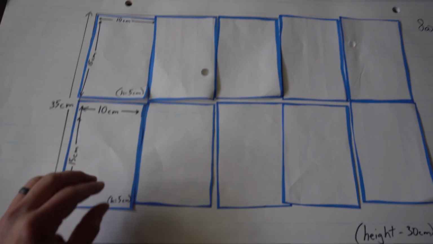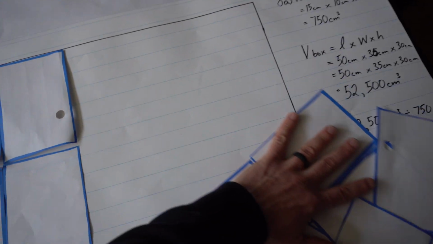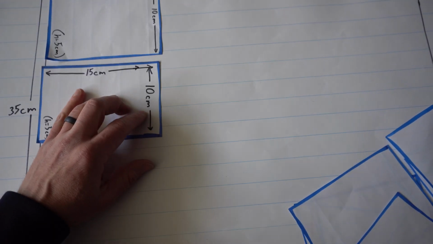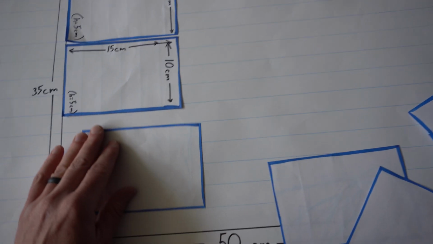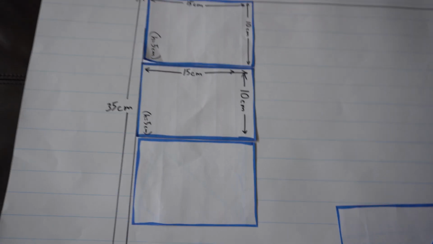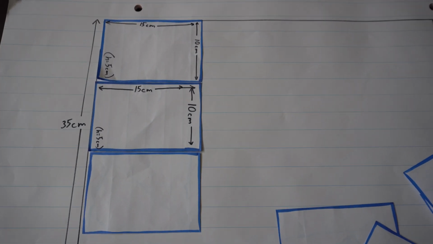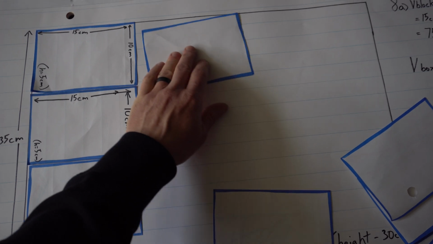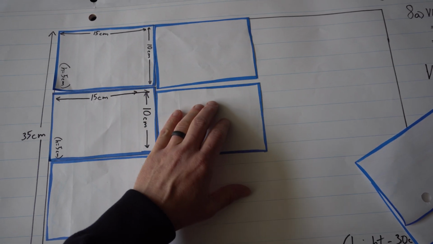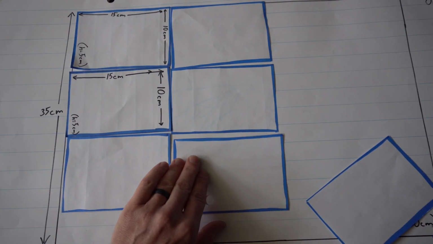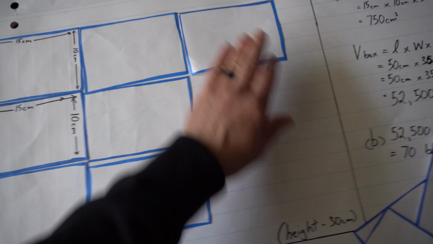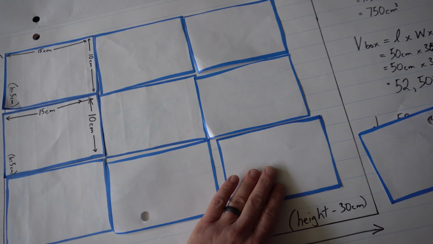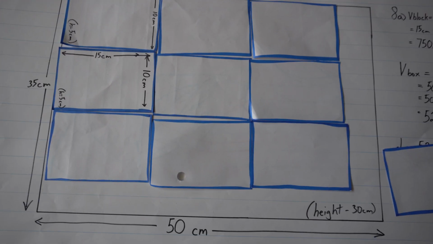So if we tried a different way, we could try the landscape method. I'll slide the blocks away a little bit. If we try to get the blocks this way, we can fit 3 blocks in a row. And I can check and see how many total rows we can fit in. So we can basically make 3 rows of 3.